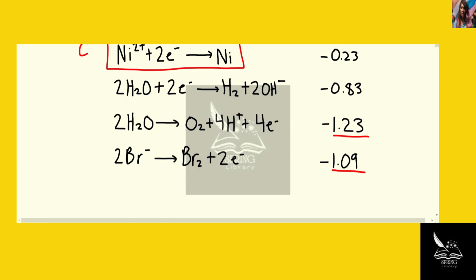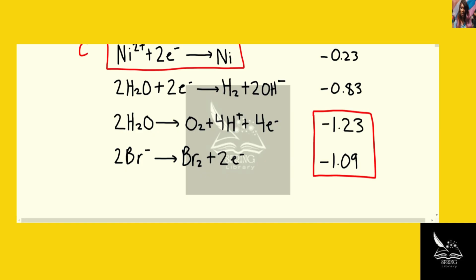But that means that the other reaction, the reduction of Br2 to Br-, since it has a lower positive value for the standard reduction potential, would have a smaller potential to be reduced, or a greater potential to be oxidized. So when we flip both of those reduction half reactions to oxidations, we can compare them now, since they are both negative and represent the oxidation reactions, to see which one is larger. That will correspond to which one has a greater oxidation potential and therefore will be oxidized.